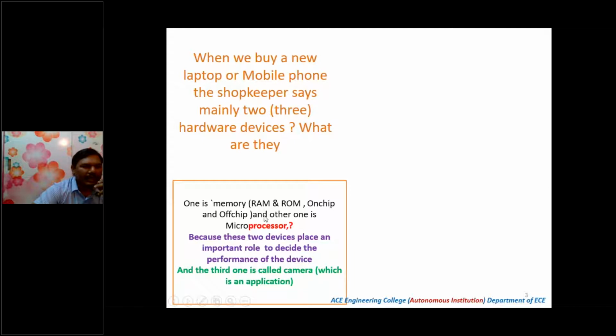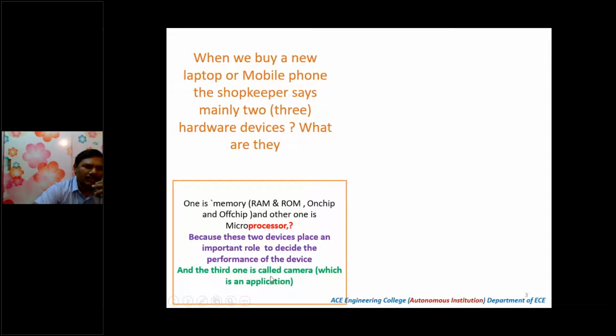The memory may be RAM and ROM, and this RAM and ROM may be on-chip memory or off-chip memory. The other one is the processor or microprocessor, because these two devices play an important role in deciding the performance of the device. And the third one is the camera, which is an application.